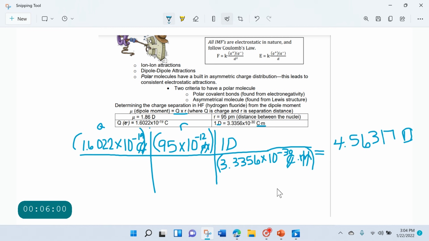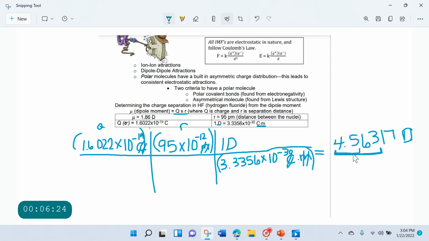Usually, you would take the lowest sig fig, significant figures, out of all of these. Like this one has 1, 2, 3, 4, 5. This has 1, 2, 3, 4, 5. This one has 2. That would mean we would probably use 4.6 as a number here, but Dr. Lindley used this whole number here.